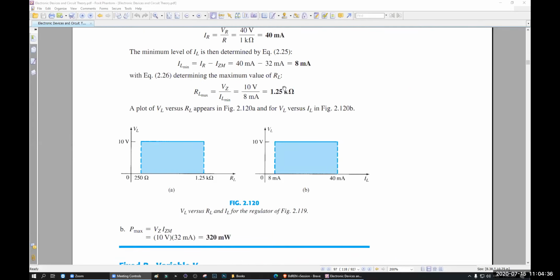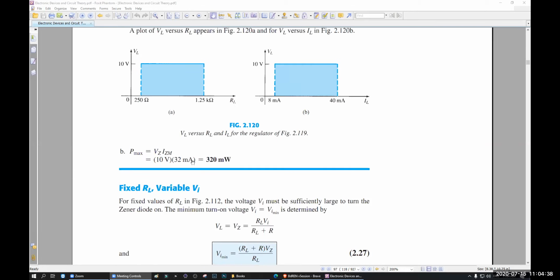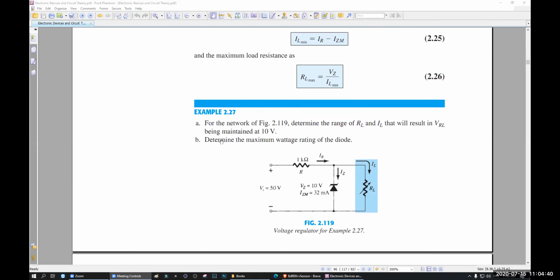Okay, see the math, we already got that. The second question, they said determine the maximum wattage rating of the diode. Maximum watt rating. So what is rating actually? P, power. We know power is equal to V into I, right? Now here we have to find out PZ. So VZ into IZ.